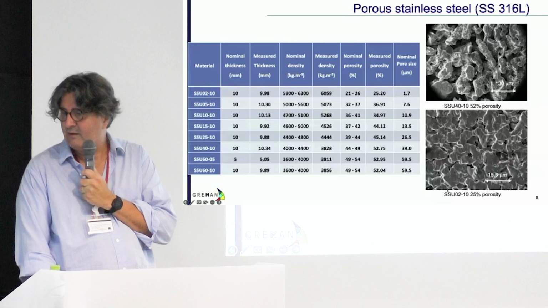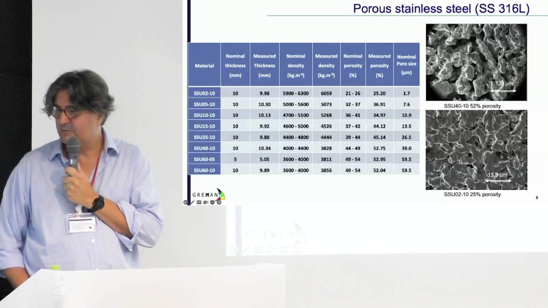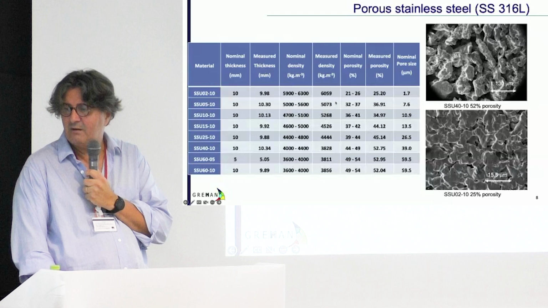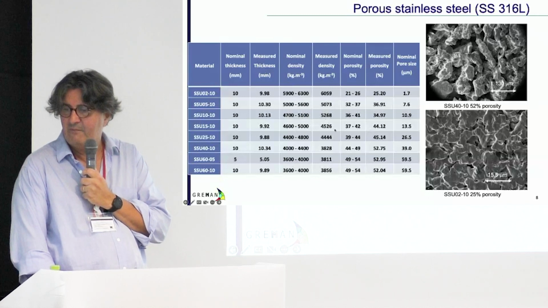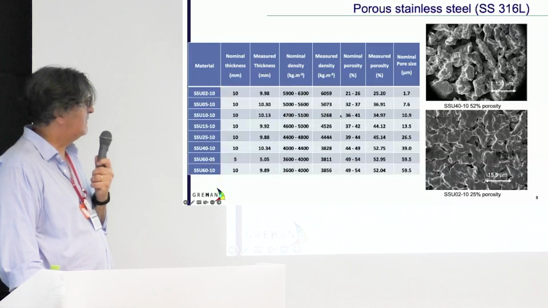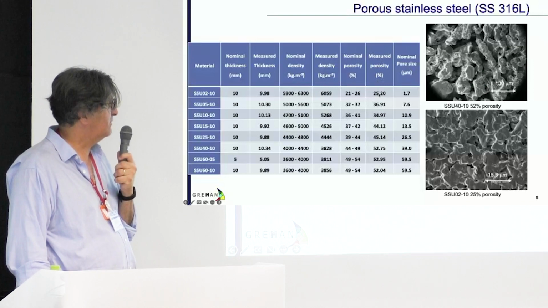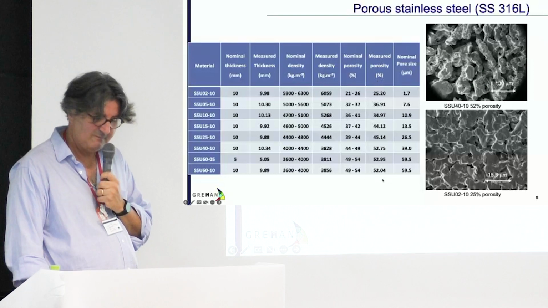And here you have a sample with 25% porosity with smaller pores. Here you have the characteristics measured from the various samples. For our experiment, we have samples ranging from 25% to 52% porosity.